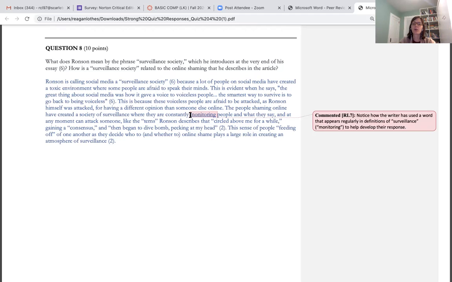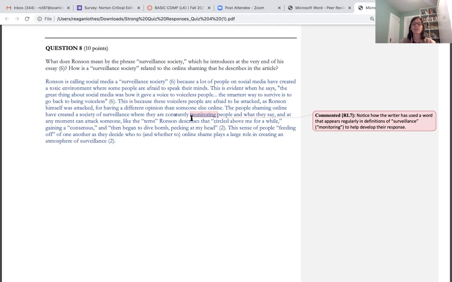And so here I've highlighted monitoring because, again, this is another example where going to a dictionary is a great way to brainstorm so that you can develop a discussion of a quotation or a key term, right?